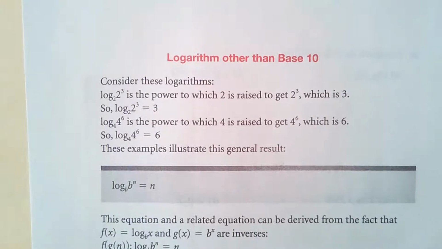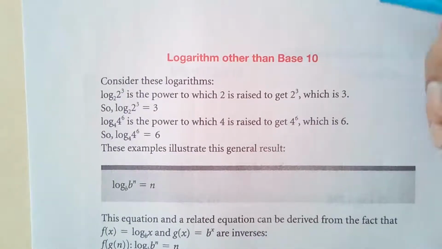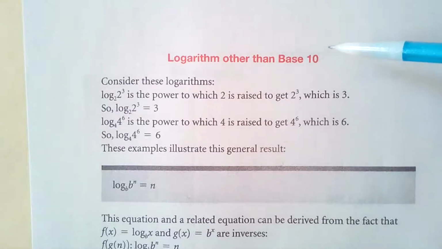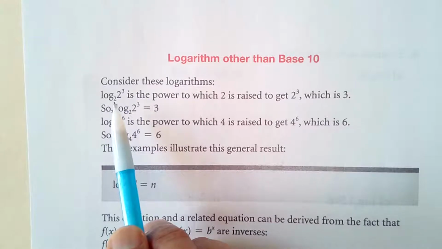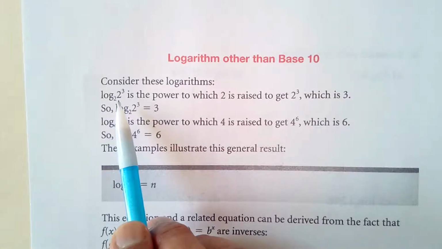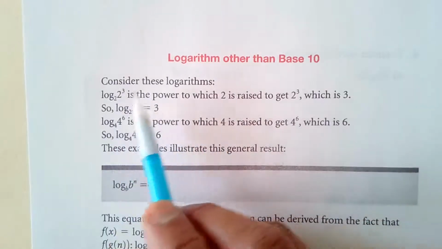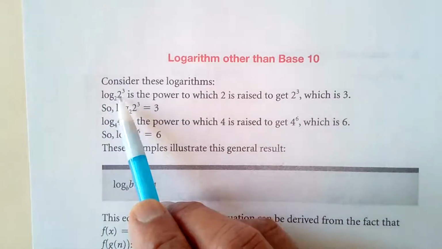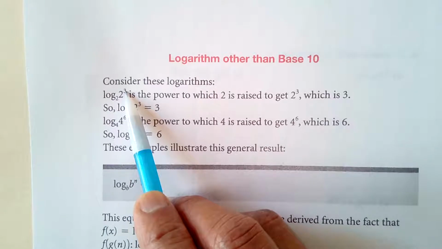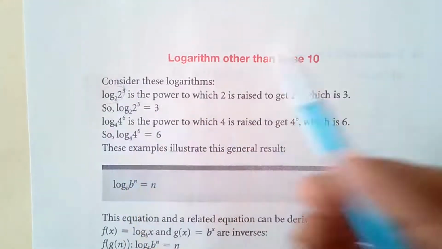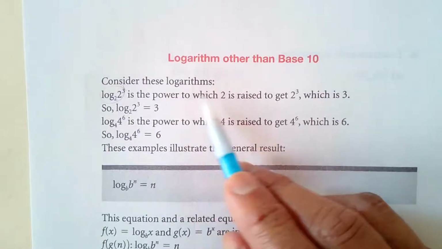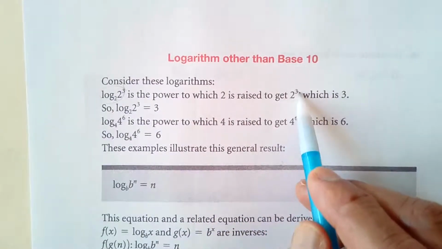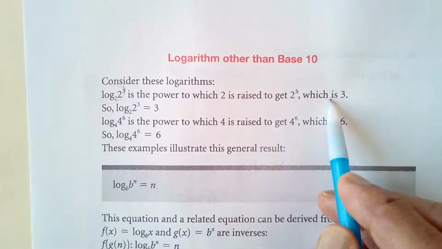Now, what happens when we have a logarithm other than base 10? Here we have an example where we have log base 2 of 2 to the 3. Now, we can rewrite this as, it means the power to which 2 is raised to get 2 to the power 3, which is 3.